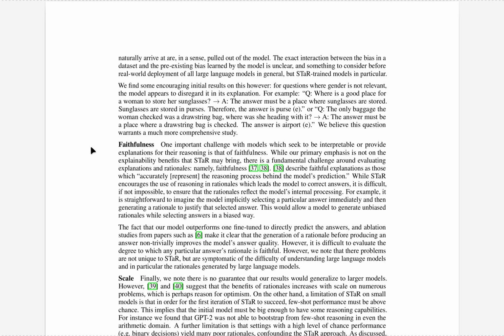Or question: the only baggage the woman checked was a drawstring bag. Where was she heading with it? Answer: the answer must be a place where a drawstring bag is checked. The answer is airport. We believe this question warrants much more comprehensive study.